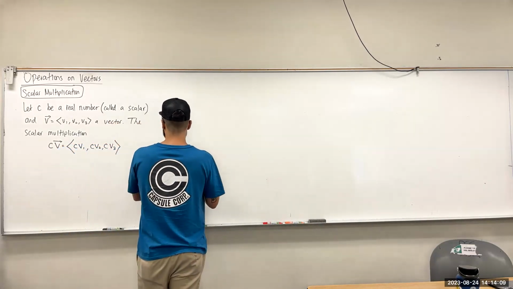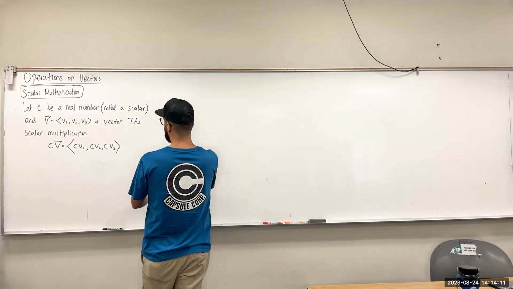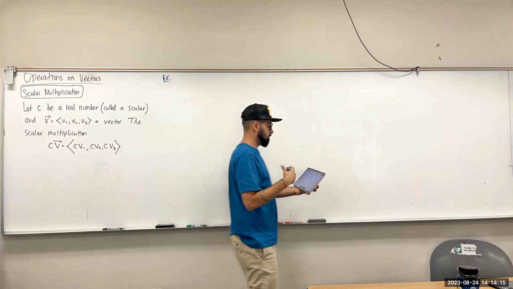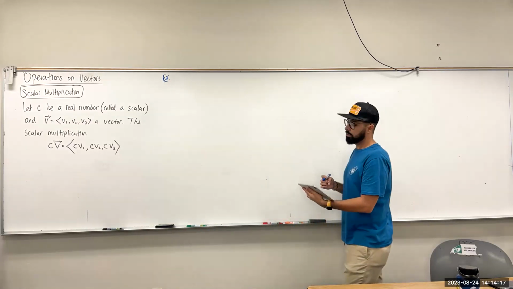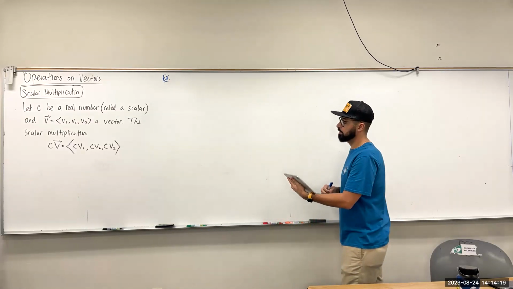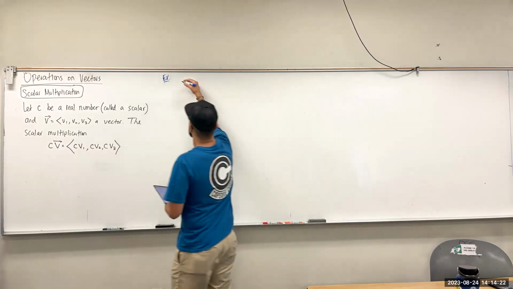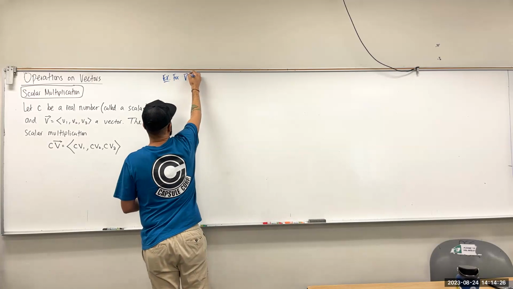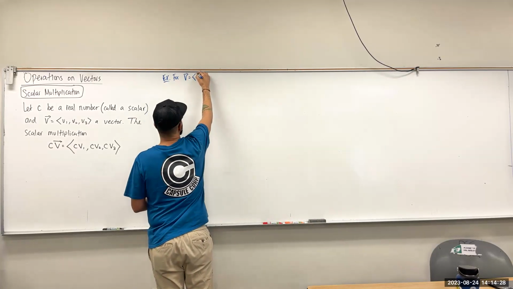Let me do a little example, and then I'm going to break down what's happening underneath that. I'm going to ask you guys a proof question in a little bit. For the vector V, let's say it has components 1, 2, 3.